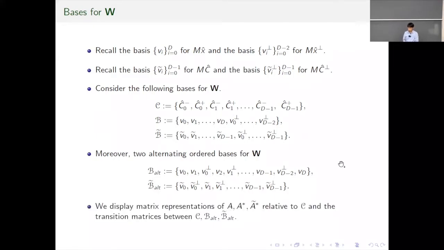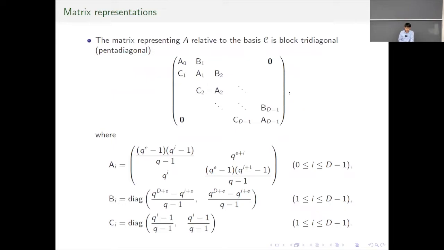And I just showed some matrix representations of A star and A star tilde with respect to script C, and transition matrices between C, B alt, and B alt tilde. So first, this is a matrix representation of A on W. This is actually a penta-diagonal matrix.